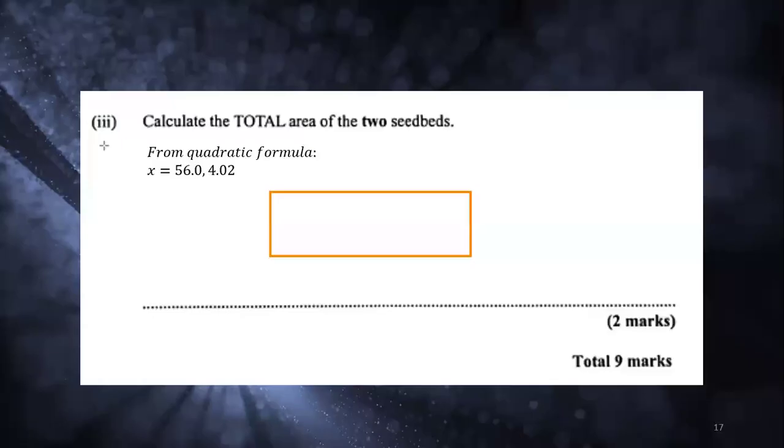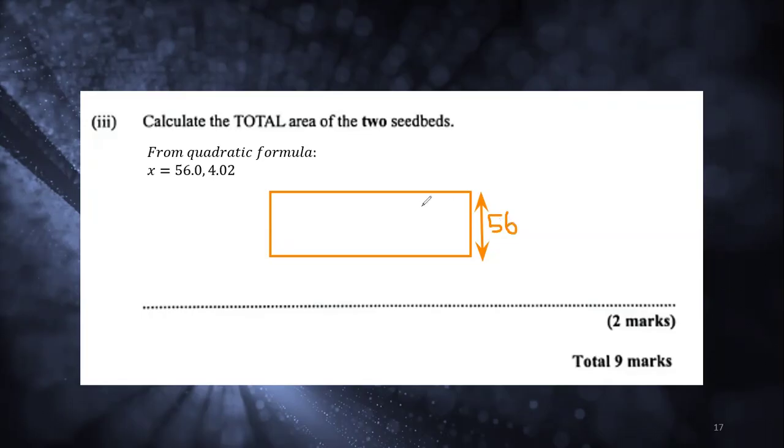Remember that? The x actually represents the width, rather, of the rectangular seed bed. So if the width is actually 56, then the total amount of mesh cannot be 60.